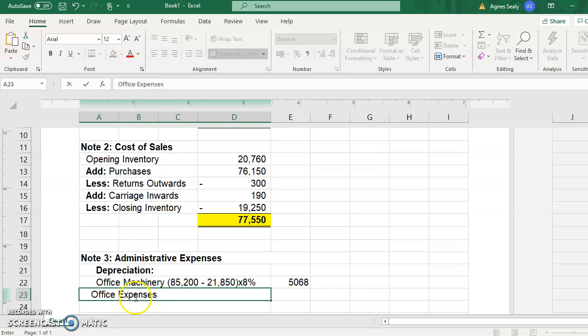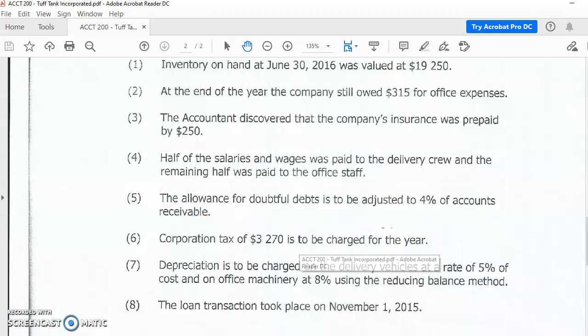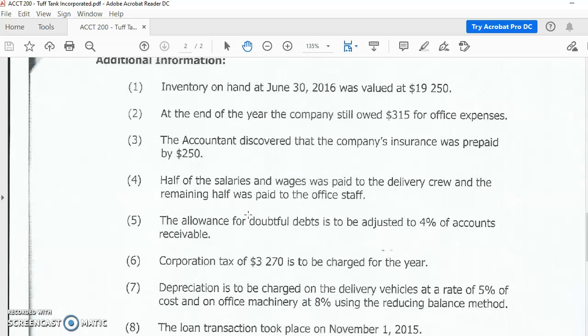So our next expense is our office expenses. What did they tell us about our office expenses? We were told that the office expenses, number 2, at the end of the year, the company still owed $315 for office expenses.